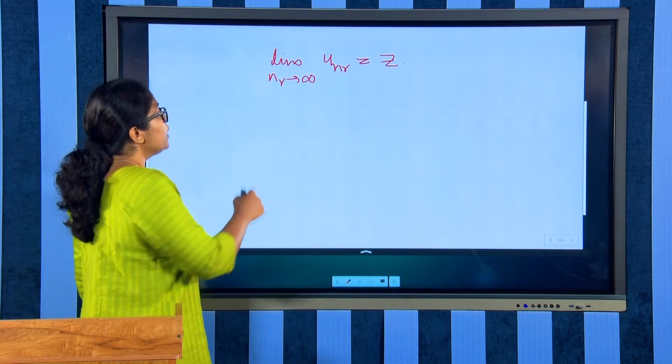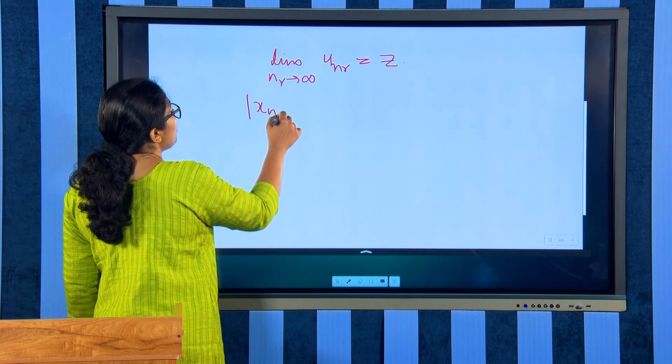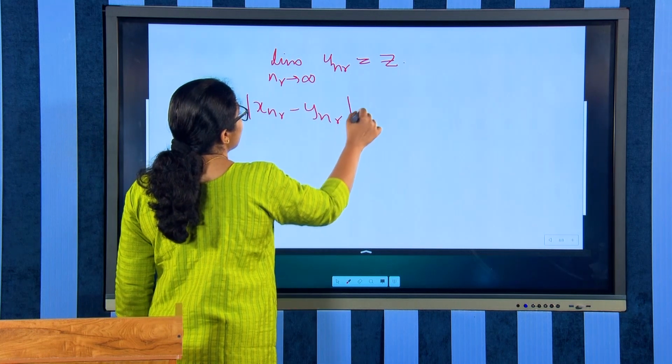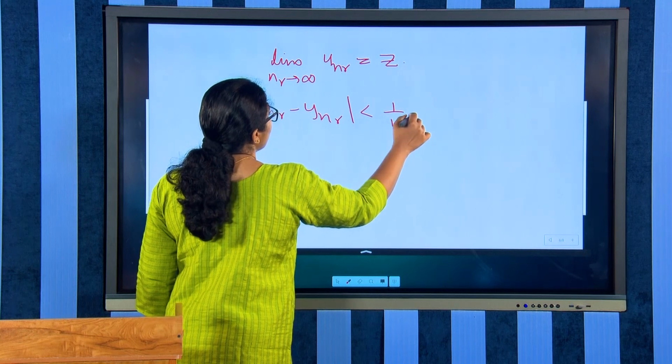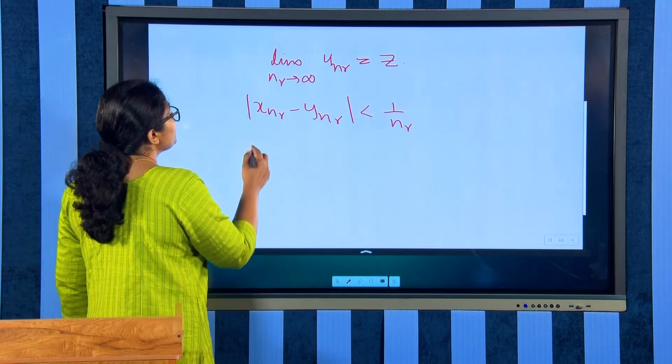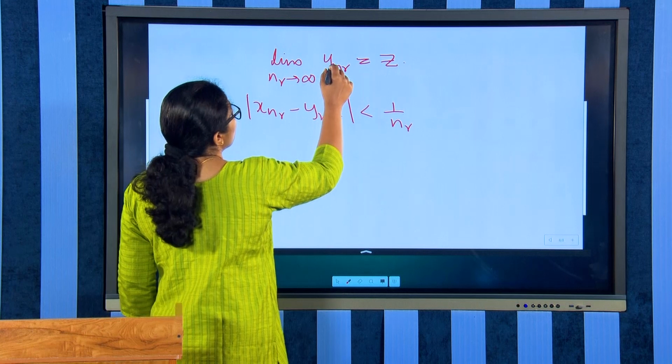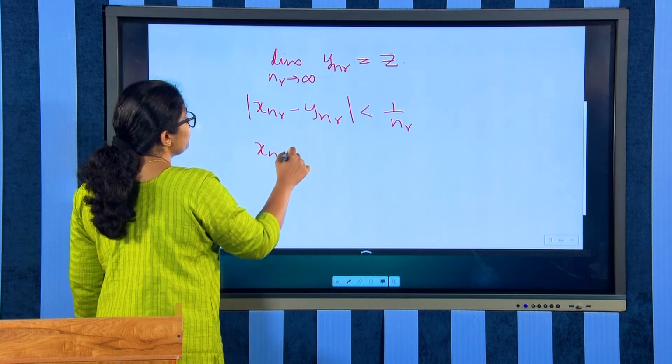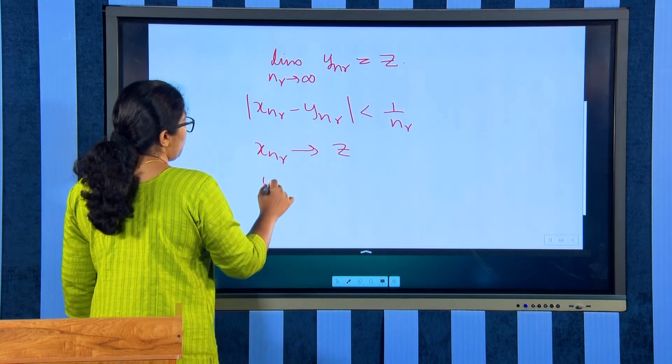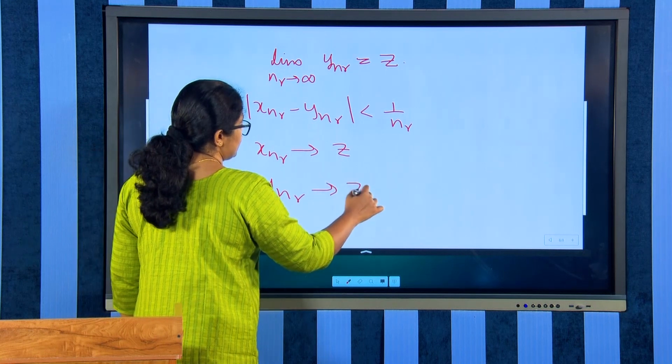So we have modulus of xnr minus ynr less than 1 by nr, which is very small, and xnr goes to z, ynr goes to z.